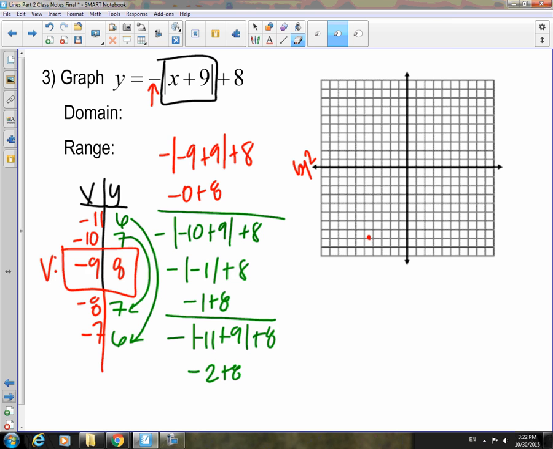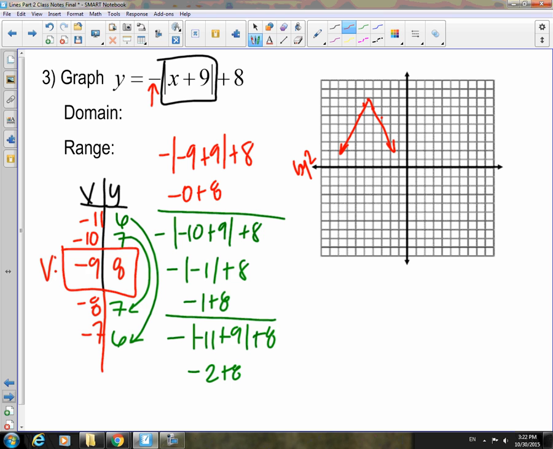Oops, that was +8. 2, 4, 6, 8. And then -10, 7. And then -11, 6. And then that reflects the other direction as well.